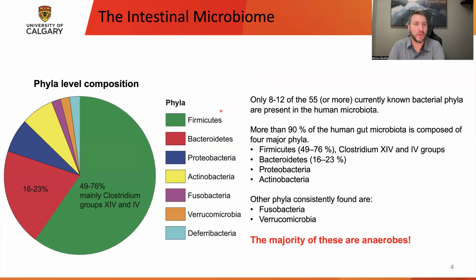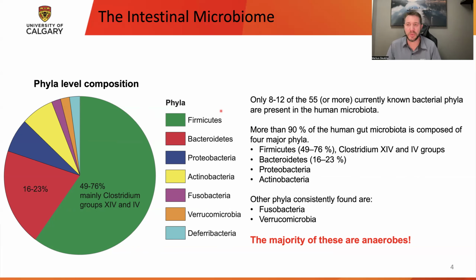If you focus now on the intestinal microbiome in the large intestine, we can say that only about 8 to 12 of the 55 or more currently known bacterial phyla are present in the human microbiota in the intestine, which already demonstrates that this is quite a specialized environment and that this colonization pattern or the composition really has evolved throughout evolution, and both the host and the microbiome benefit from this relationship, of course.